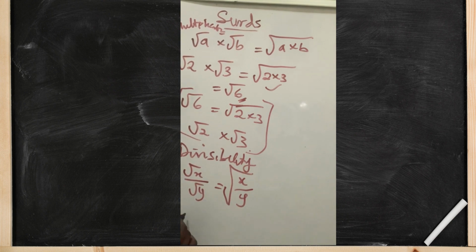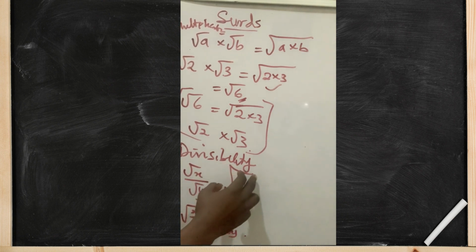And in the same vein, you can have this and you end up like this. So that's the second rule of surds, meaning the square root of x divided by the square root of y is the same thing as the square root of x divided by y. So you can divide surds.